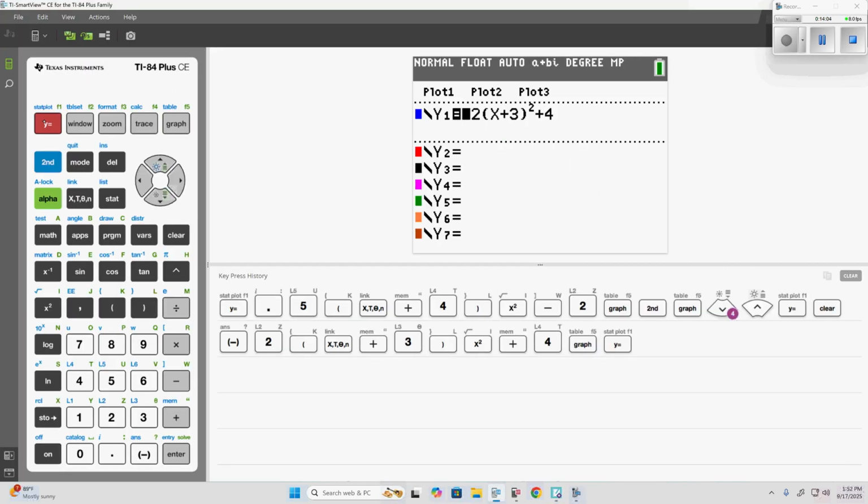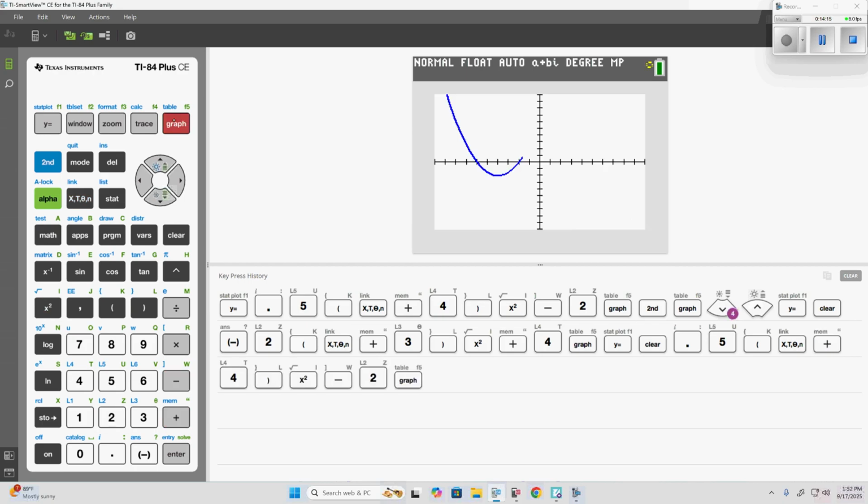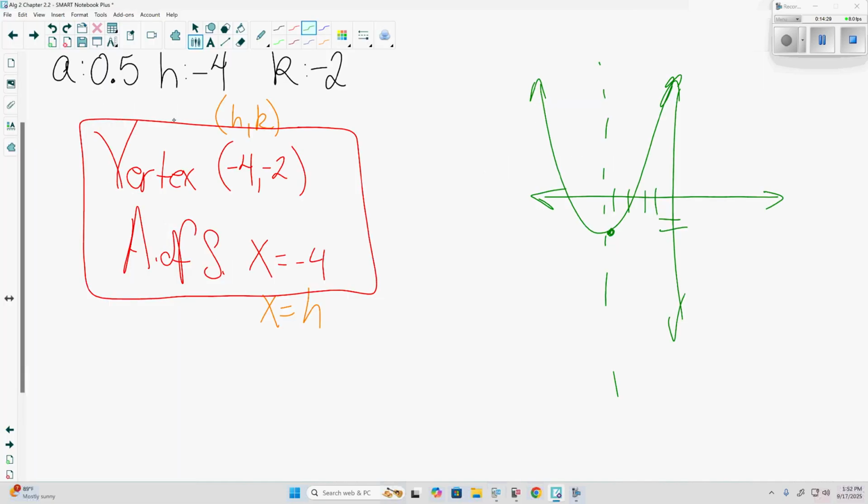If I want to know the exact picture, we can either find the points or plug this equation into the graphing calculator and have it tell us what it is. So the graphing calculator will do most of the graphing for us. This is also why I don't put a big emphasis on graphing these here, because we do have tools and resources that will do it for us. If we can interpret and understand what it's telling us, that's more important.